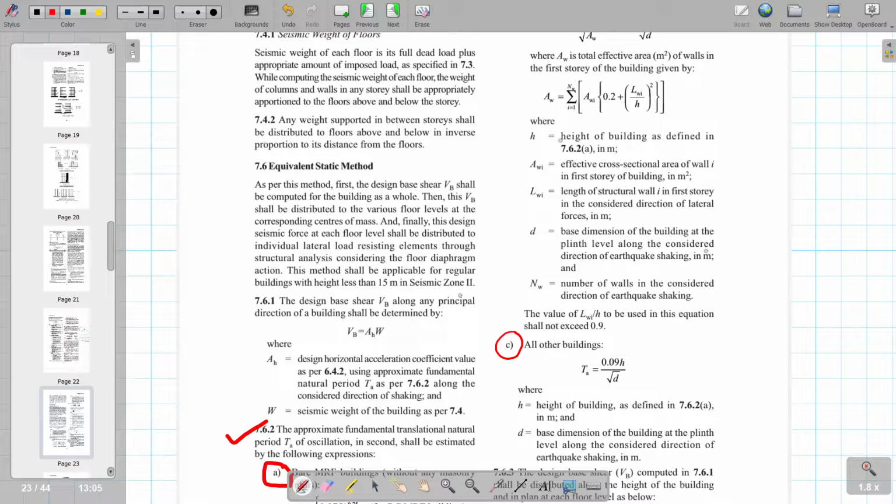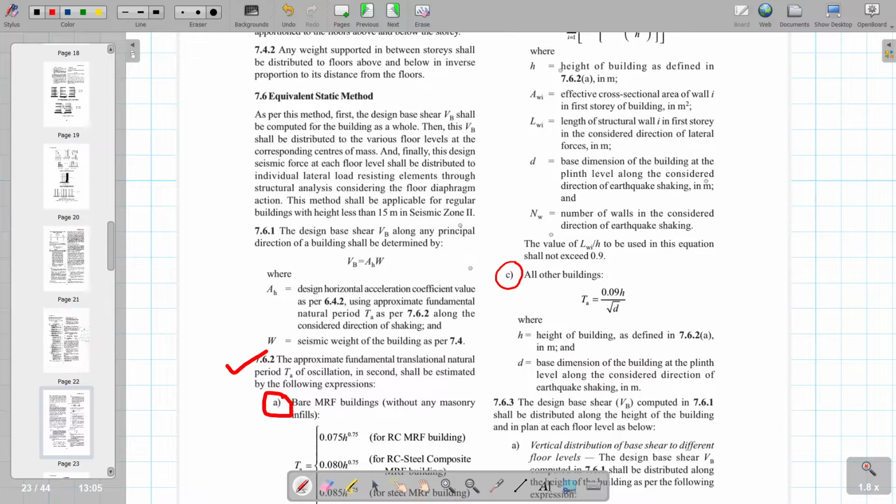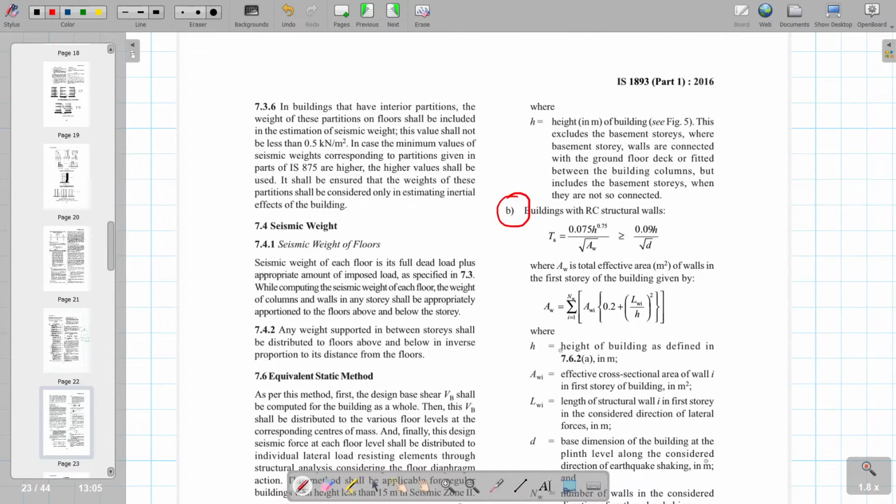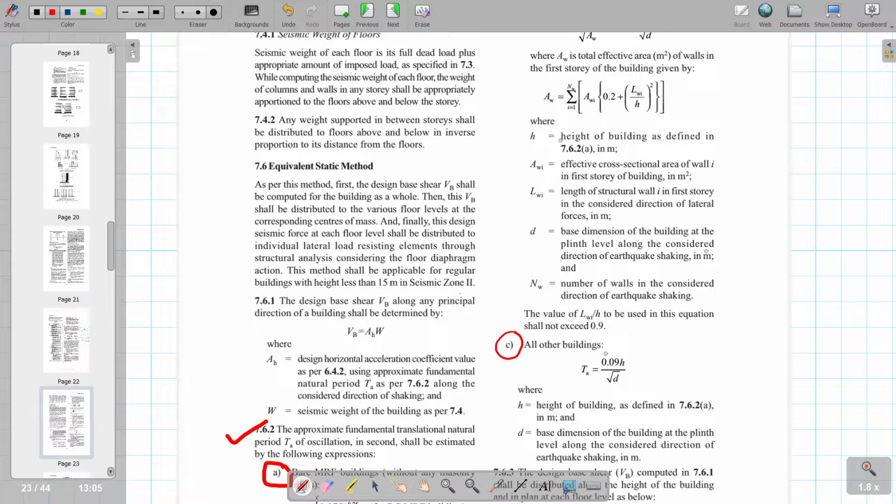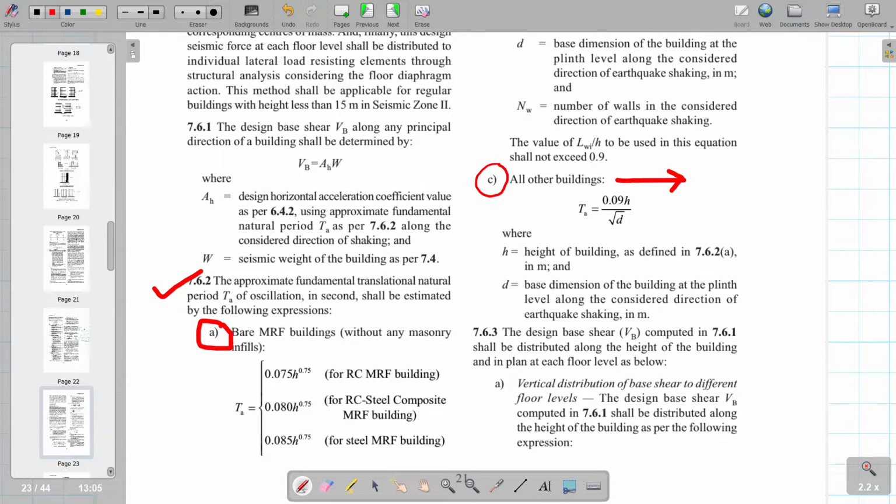If you read our problem once again, you will come to know that in our structure there are infill masonry walls. Okay, so first is without masonry, second is structural wall, that is also not present, and third is for all other buildings. So we will refer this formula of time period. If you look closely, here you will see TA is equal to 0.09 h into root d, where h is height of the building in meter, and d is the base dimension along the considered direction of earthquake shaking in meter.